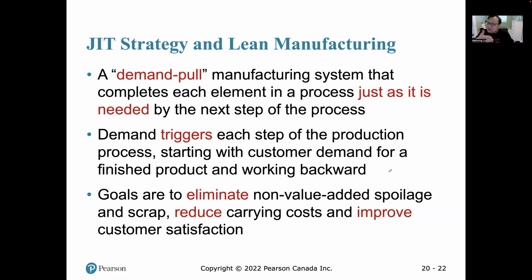So this is kind of the demand triggering, right? So the factory received a customer order. That's the demand trigger. And right away, they're going to say, oh, this product, what materials do I need? Who should do this work, right? So right away, they will start planning. So they think about this product, and then they work backward to figure out what are the inputs required, right?